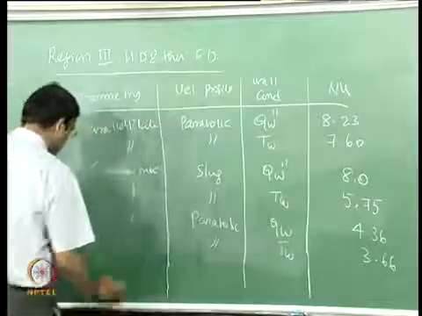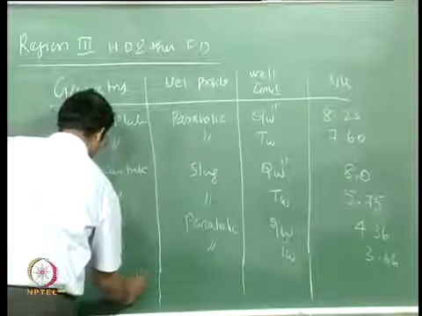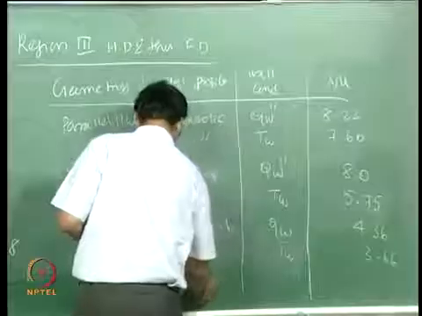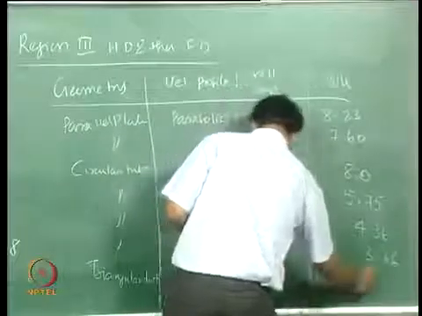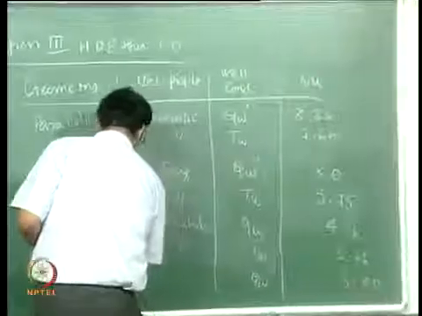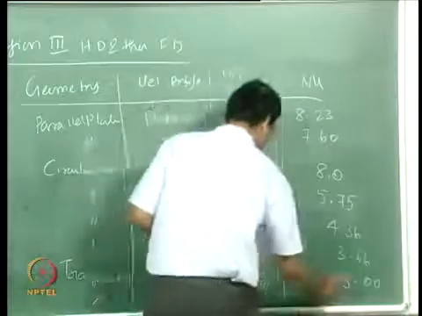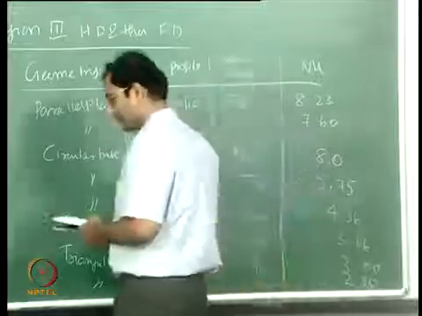Similarly for triangular cross section, triangular duct, if you have a parabolic velocity profile, you have Q wall, then you have 3.00. Triangular, parabolic, constant wall temperature, you have 2.35.